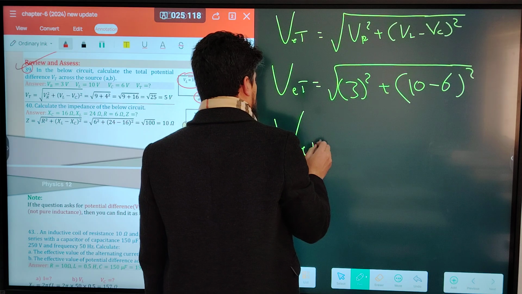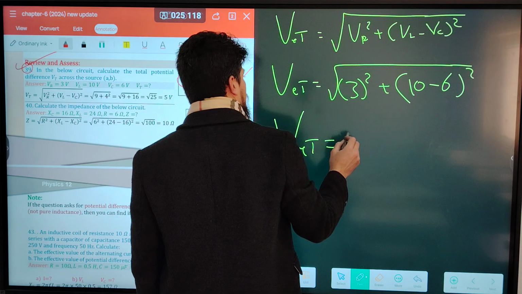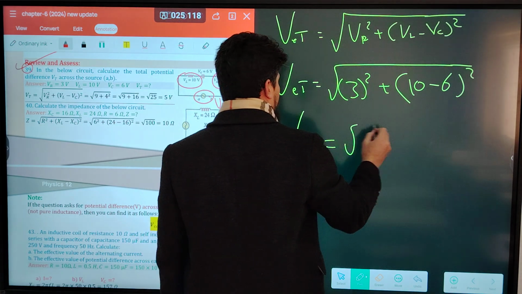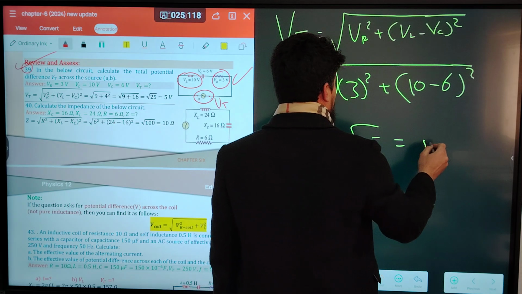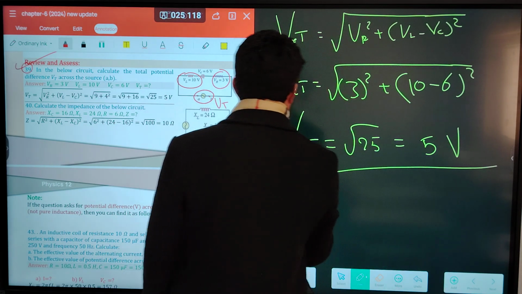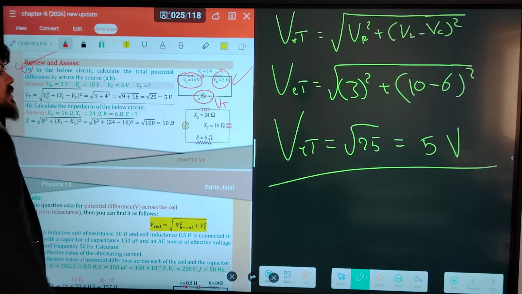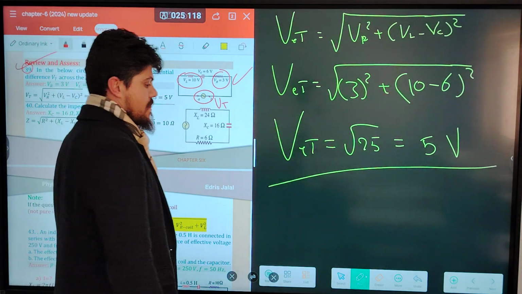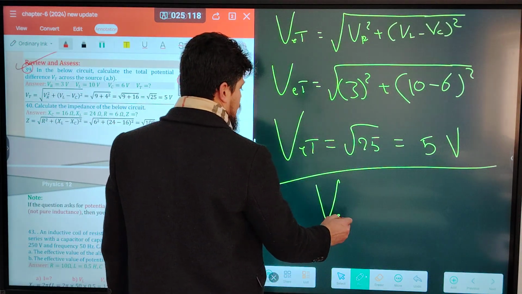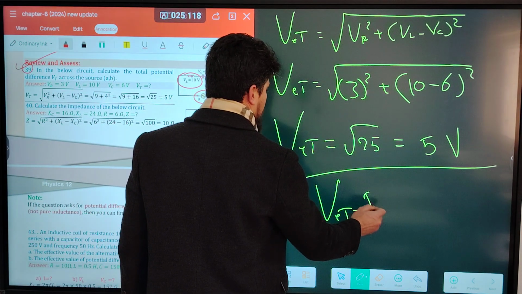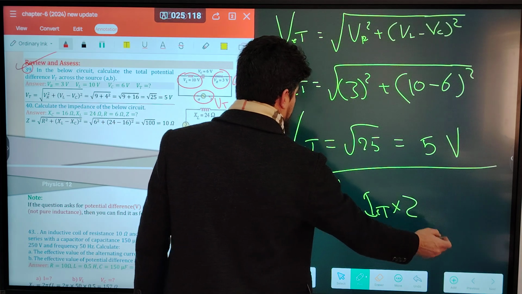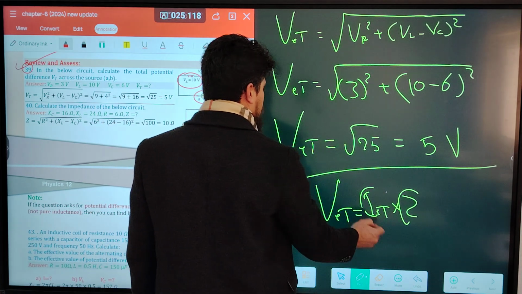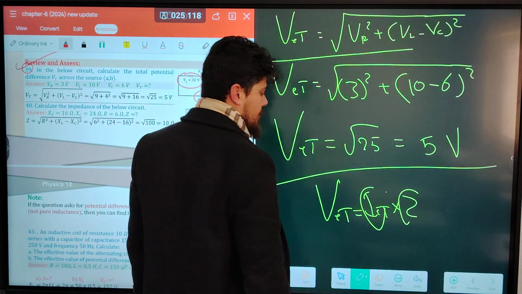V total is equal to what? Is equal to 25 under square root 5 volt. This is the total potential difference. And also you can use this relation to find V total, I total times Z. But we don't have Z, we don't have I total, that is why we have to use this relation.